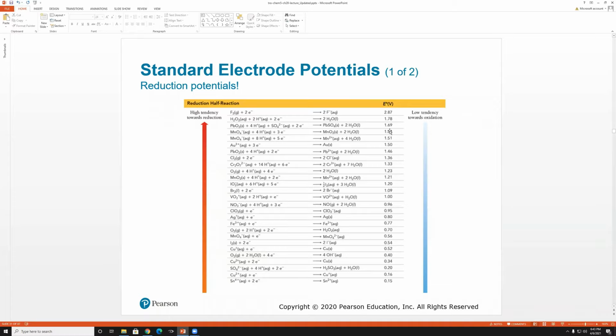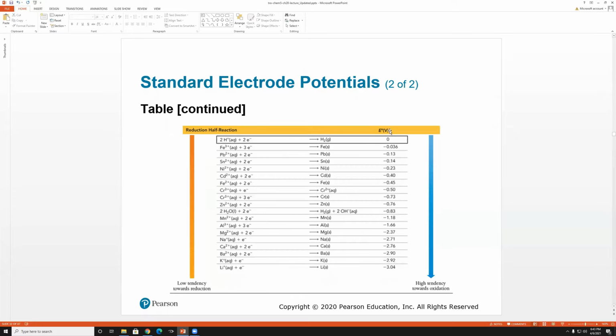The higher the standard reduction potential, the more likely it is to be reduced. Right? Very easy. The higher meaning the more positive, not absolute value. Take the numbers for what they are. They are reduction potentials. So if it's higher, more likely to be reduced. If it's lower, like these that are negative, the less likely it is to be reduced, the more likely it is to be oxidized.